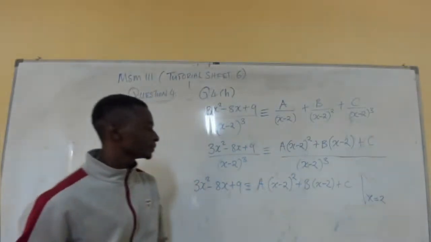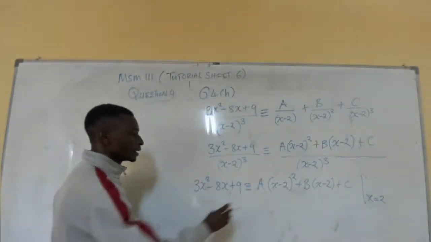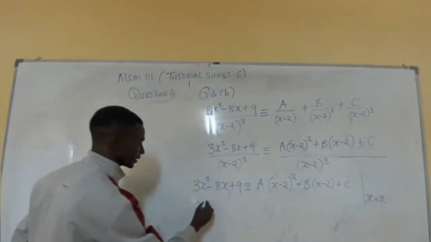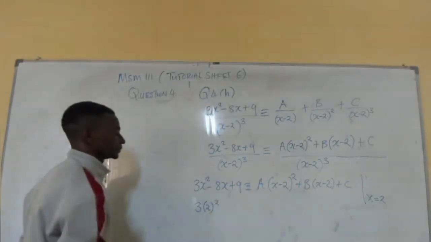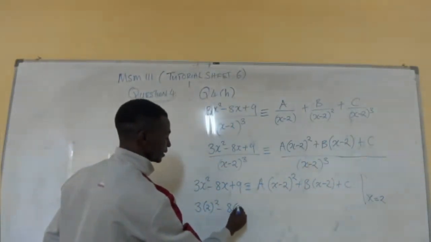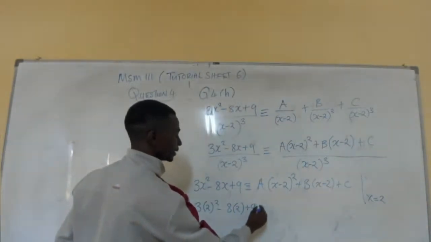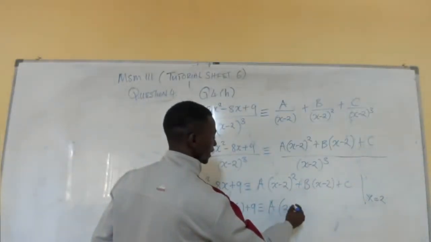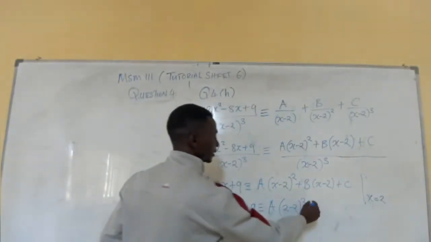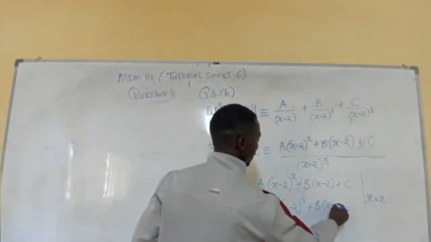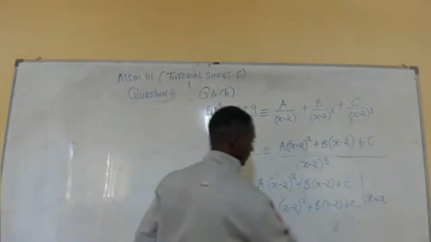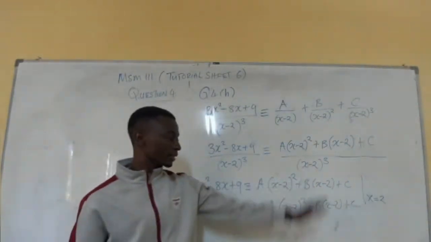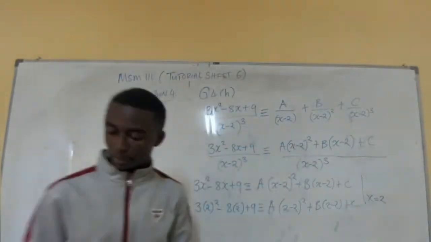So at x equal to 2, we get 3 times 2 to the power 2, minus 8 multiplied by 2, plus 9, equivalent to A(2 minus 2) to the power 2, plus B(2 minus 2), then plus C. The 2 minus 2 is 0, so B is 0, and we are just left with C.